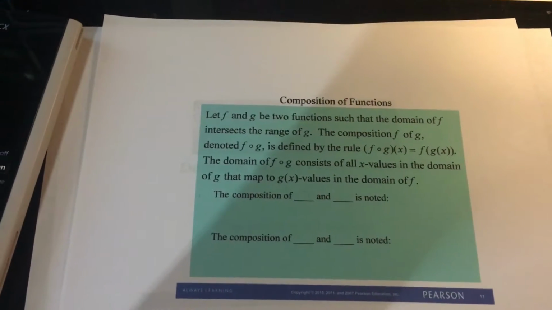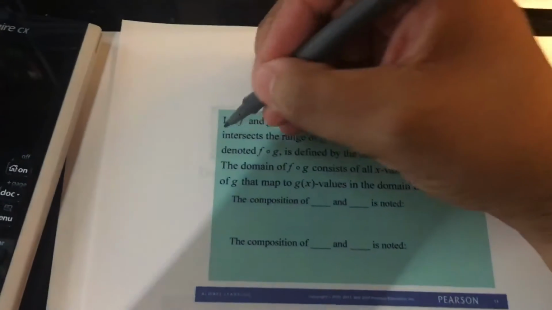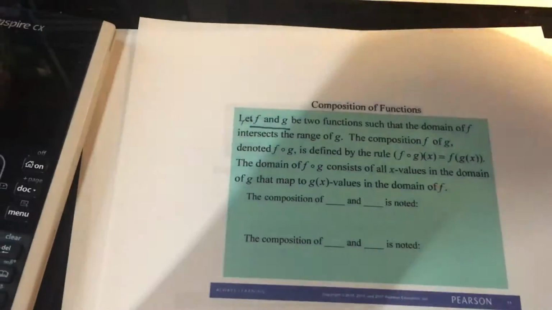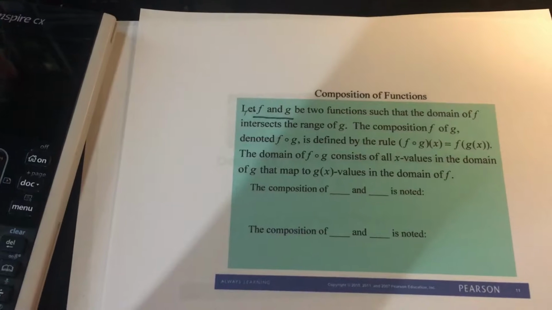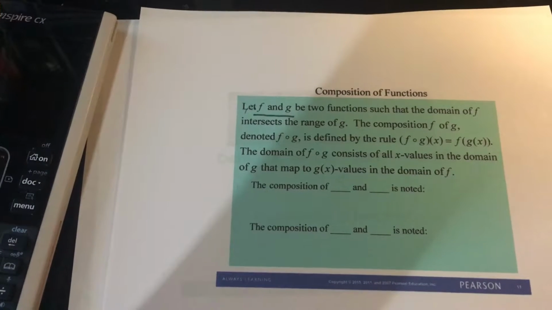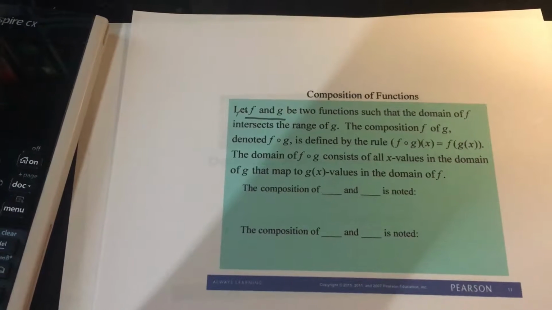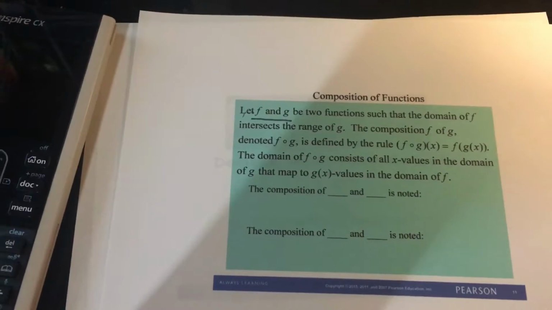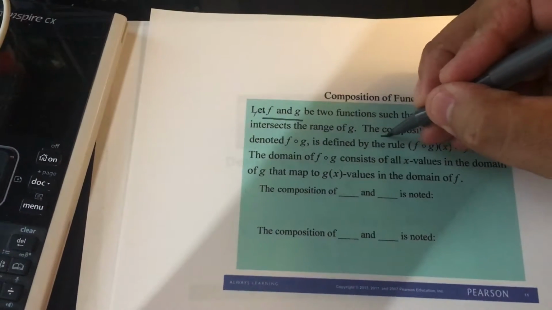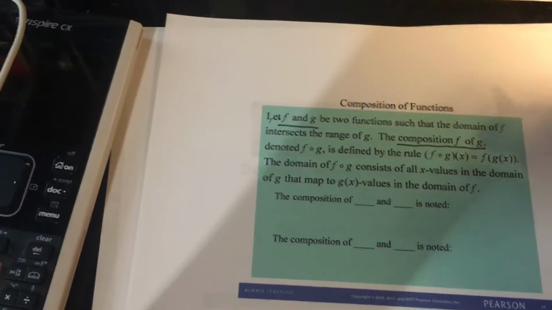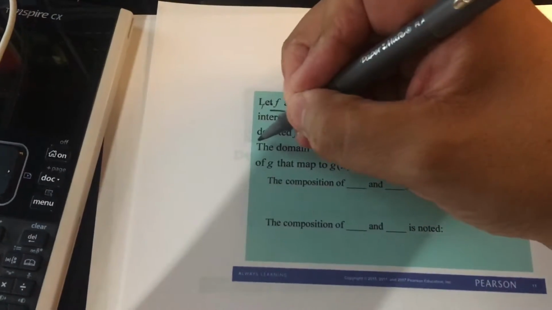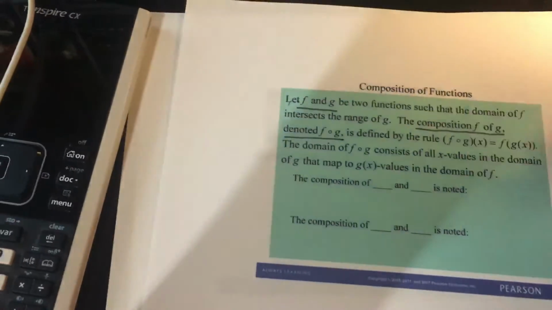If I have two equations, F and G, what we're doing is composing them, combining them. The composition of F and G is noted F of G.